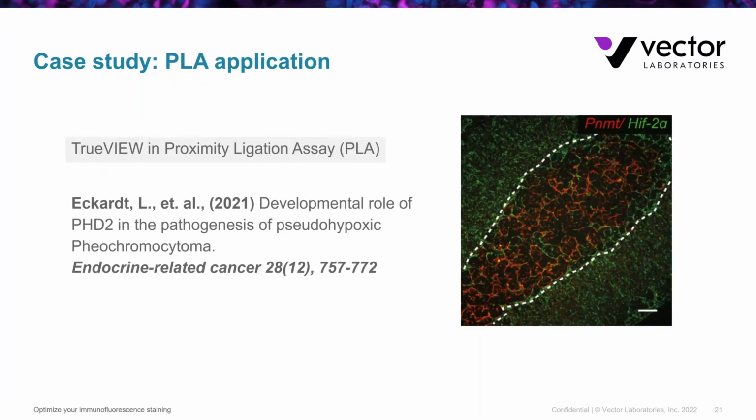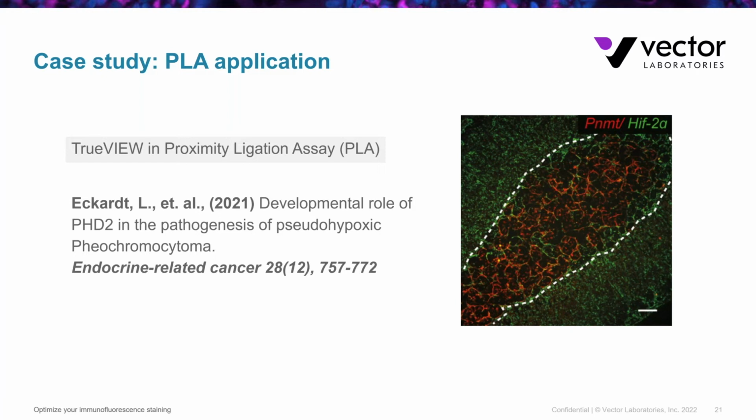One further platform or methodology that is gaining notoriety, when investigators are looking at, say, spatial relationships, is proximity ligation assays. And certainly if you're looking at this fluorescently, you may encounter background with that.